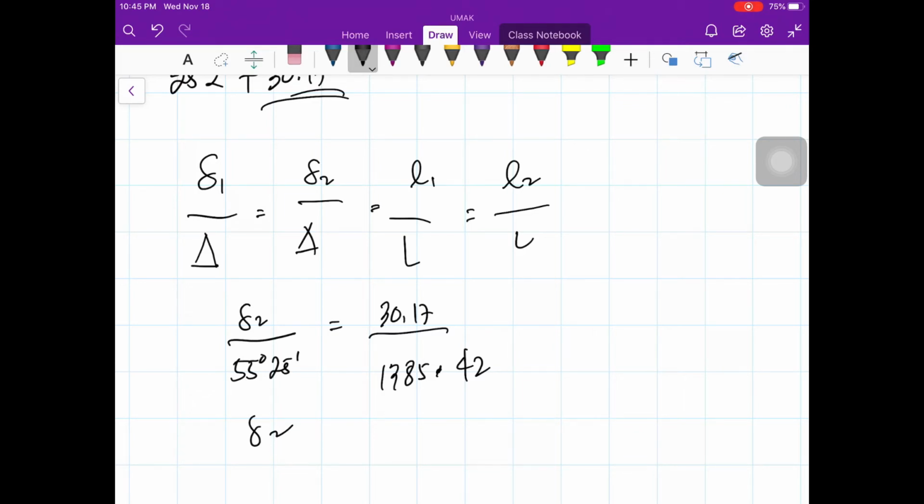Mali ah. Sorry. Paano nila sinolve yun? So nagkakahin 55.416 all over 2.